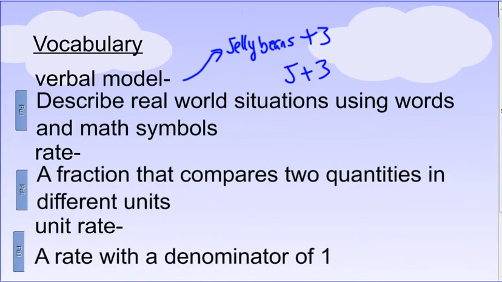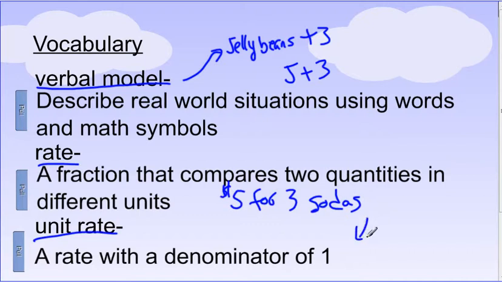And a unit rate, so unit rate, verbal model, there we go. A unit rate is a rate with a denominator of 1. So in the other example I said like, if you said like $5 for 3 sodas, a unit rate of that would be how many dollars for 1 soda, where you're always trying to figure out how much for 1.